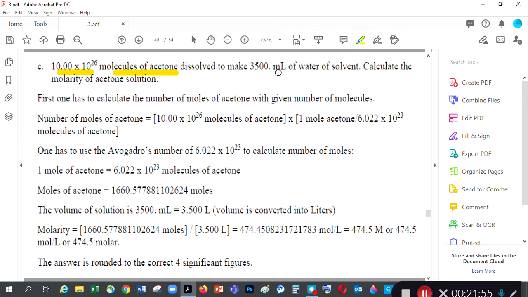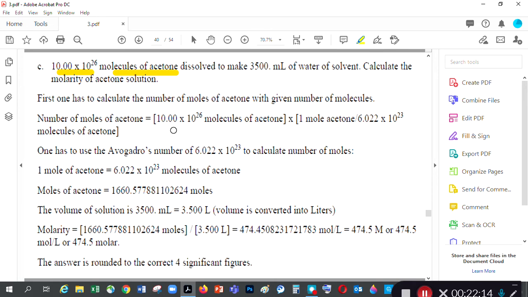That's acetone dissolved in 3,500 milliliter, which is 3.500 liter. Calculate the molarity of acetone. Well, here we have to use Avogadro's number to get these molecules out of the way.